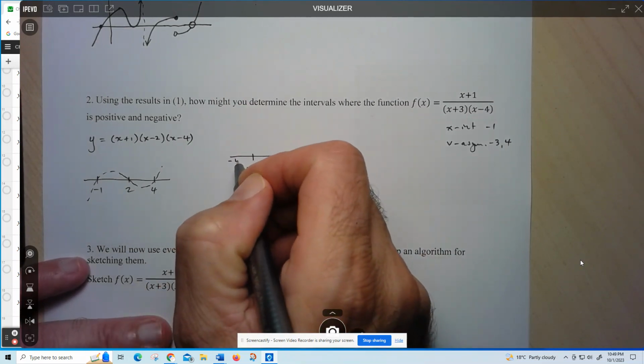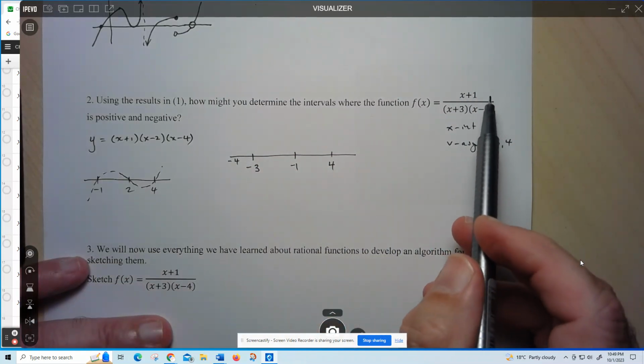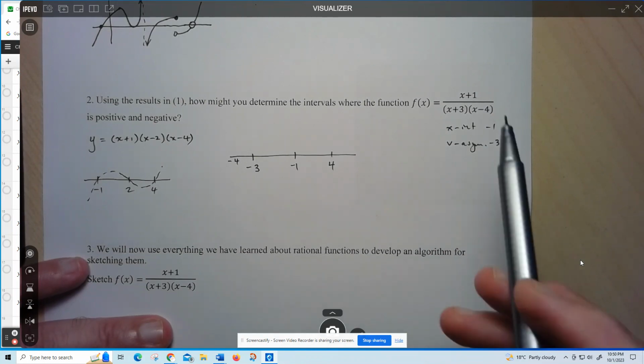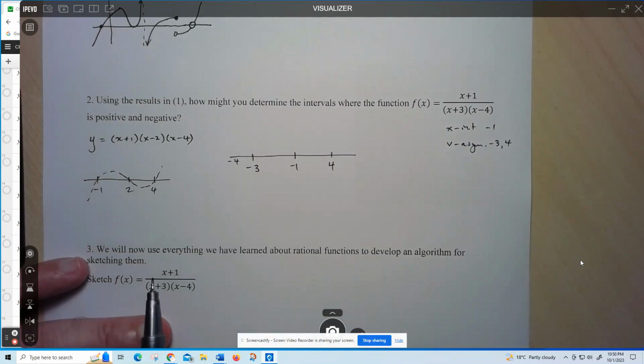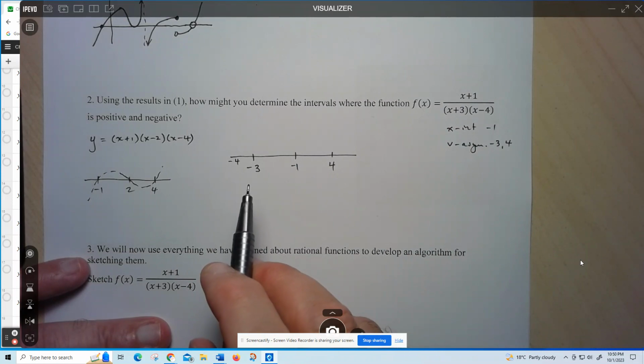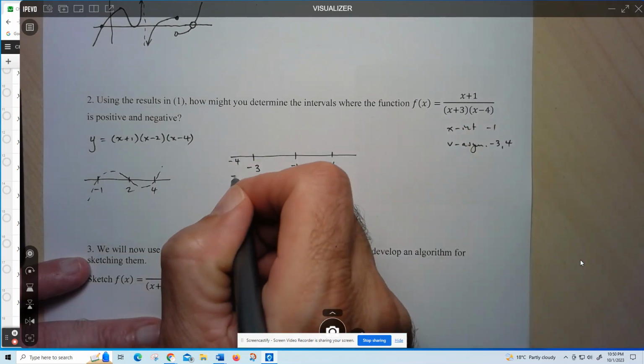So let's take something easy. Let's take -4. Now notice here, because I have it in factored form, all I care about is the signs because I'm just multiplying and dividing. So I'm not even going to bother writing what -4 plus 1 is. All I care about is that the numerator, -4 plus 1, -3, is still negative.